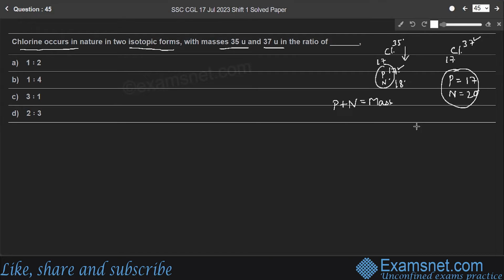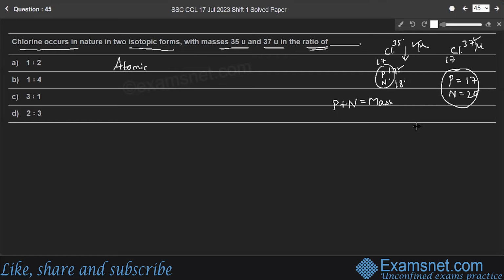Therefore, chlorine occurs in two isotopic forms with two different masses, 35 nu and 37 nu. These two isotopic forms are in a ratio that depends on the average mass of chlorine.